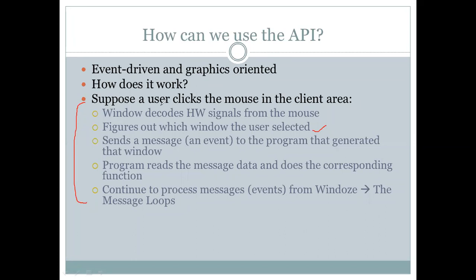So whatever message or event is sent is read by the program, and it does the corresponding function. Whatever functions are needed to execute that particular event, whatever action can be performed to execute the message, is performed after it.